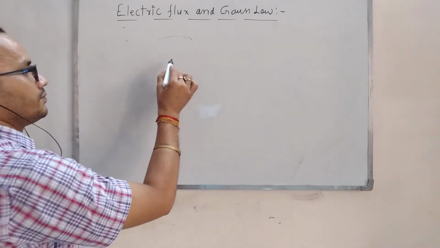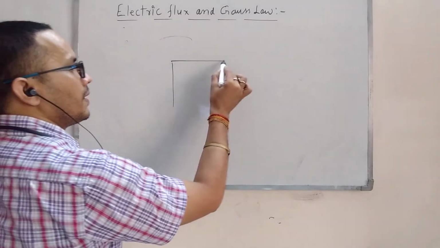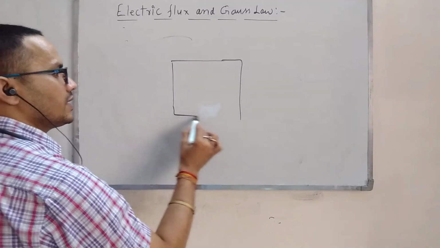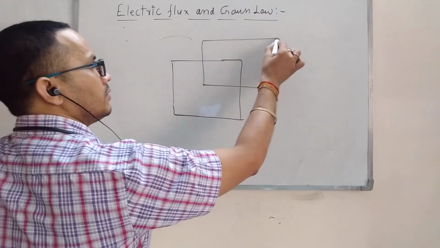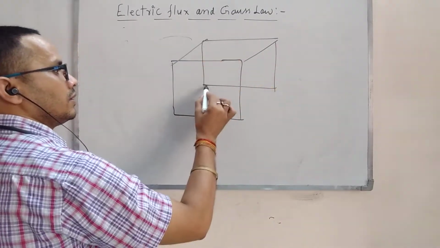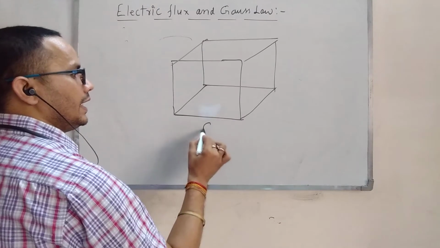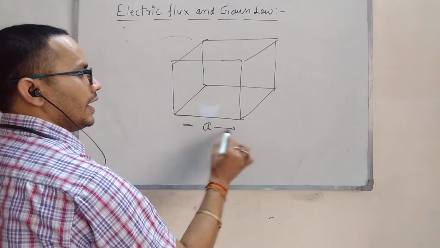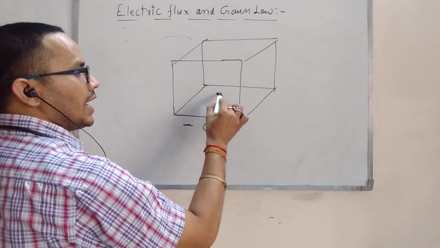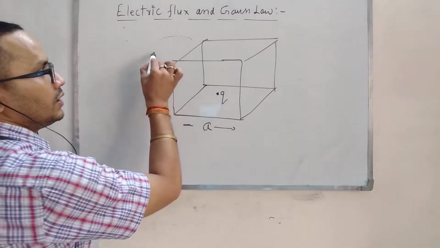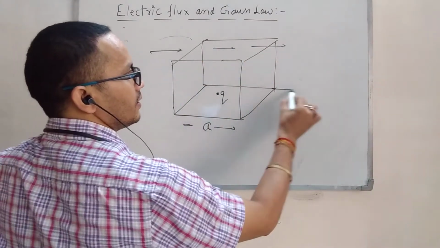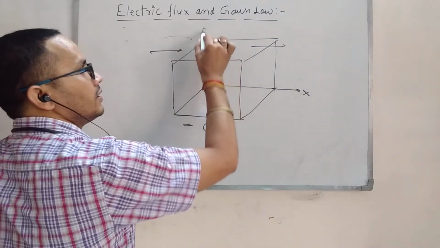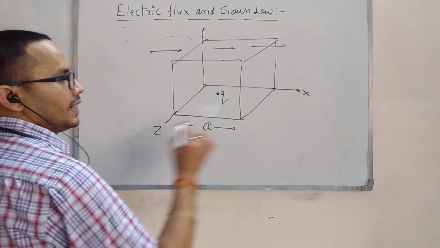Okay. Listen. If we have a cubical surface, let's say its side is A, and we place a charge Q, and a uniform electric field is along the x-axis. Let's say this is the x-axis, y and z-axis.